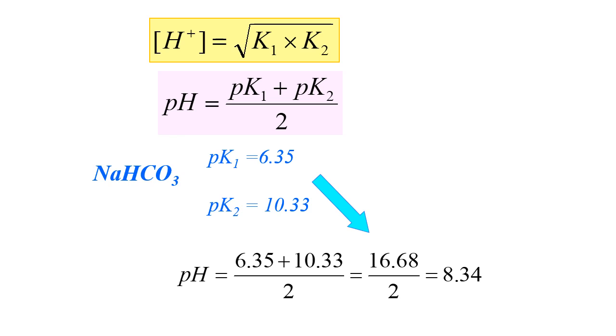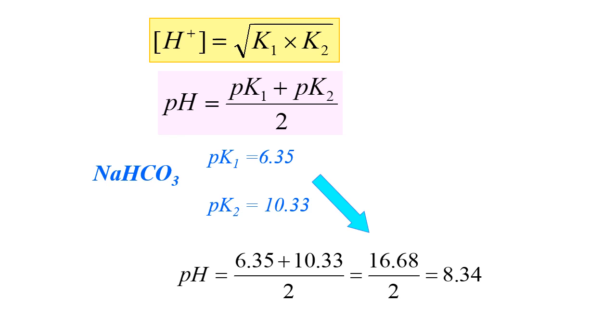What's interesting, this number is the same for any concentration of hydrogen carbonate, as long as it is high enough. Low concentrations, of course, will make deviations from this equation.